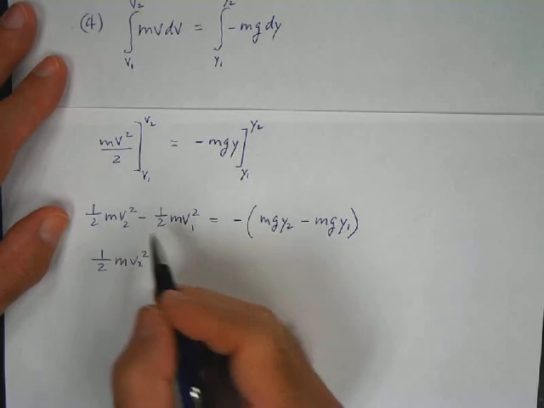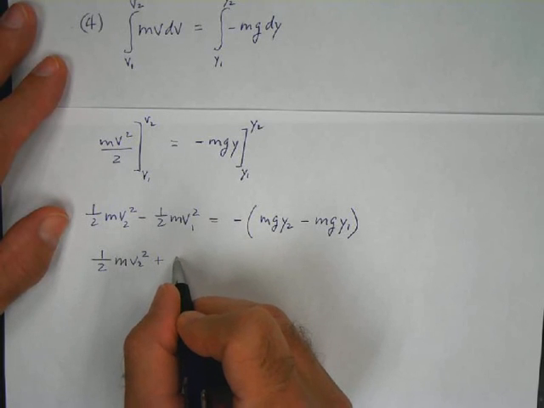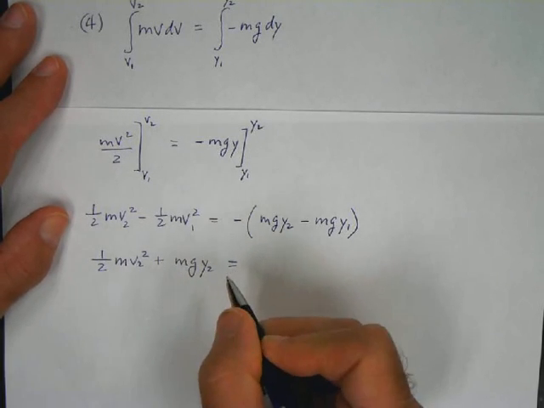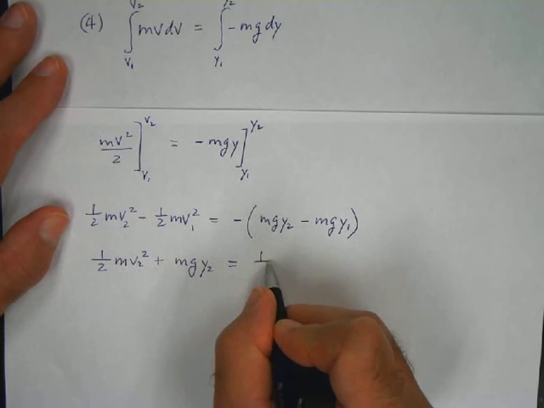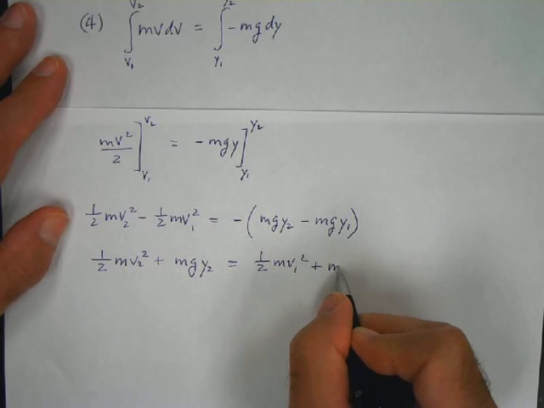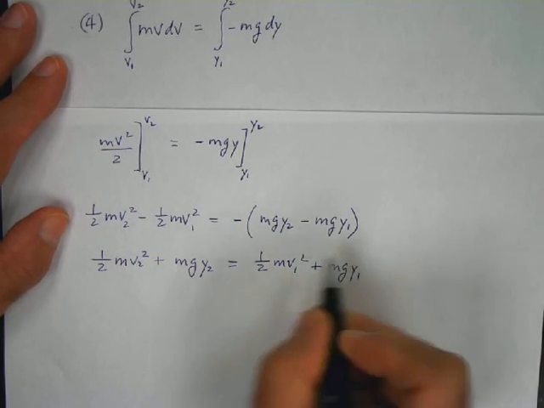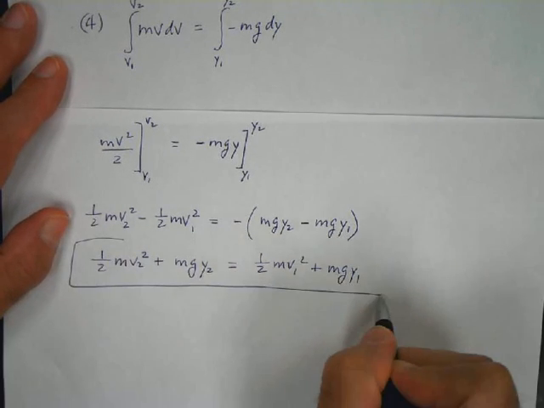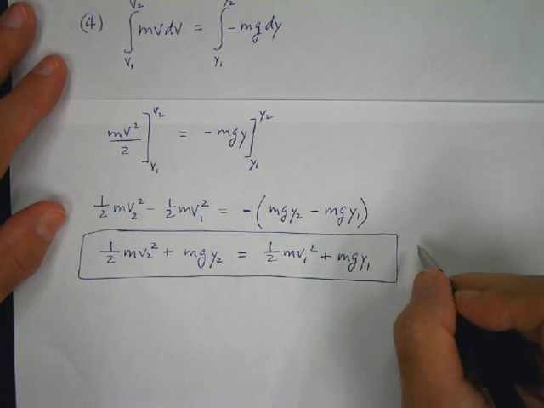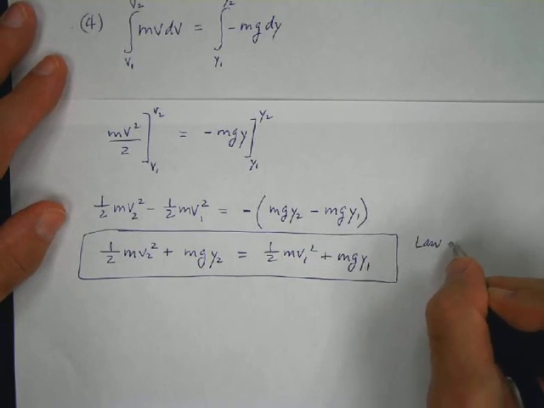If we rearrange this, we end up with 1/2 mv2 squared plus, and I'll put the mgy2 over on that side also, plus mgy2 equals 1/2 mv1 squared plus mgy1.